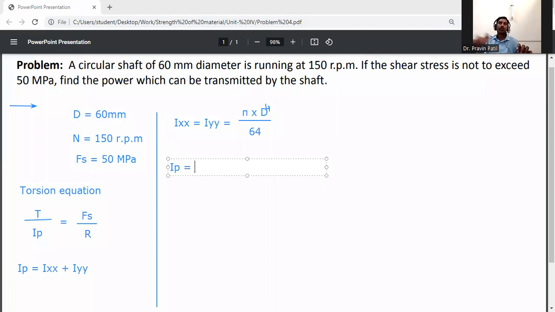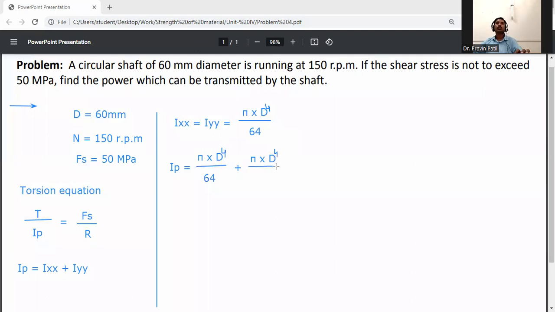Put all these values in the polar moment of inertia equation. So Ip is equal to Ixx, which is pi d raised to 4 divided by 64, plus Iyy, which is also pi d raised to 4 divided by 64.